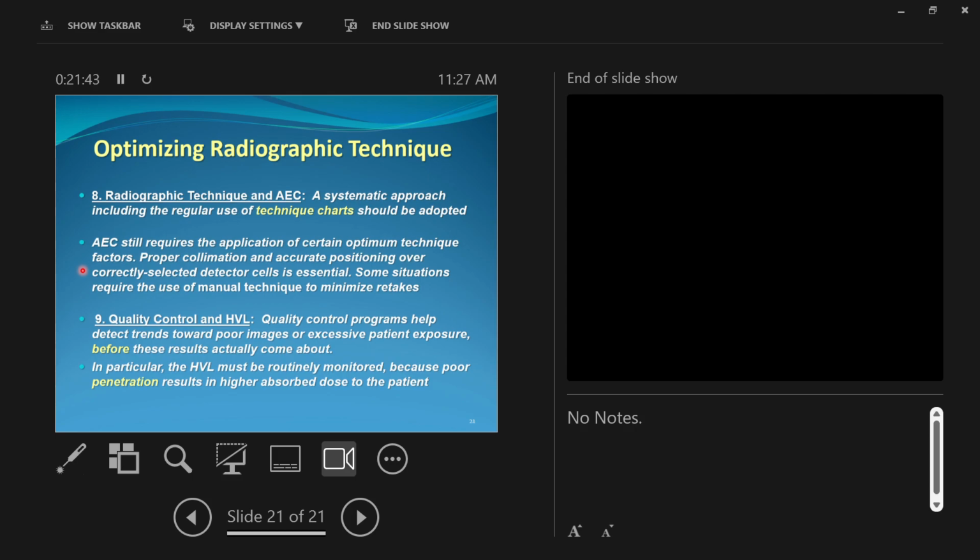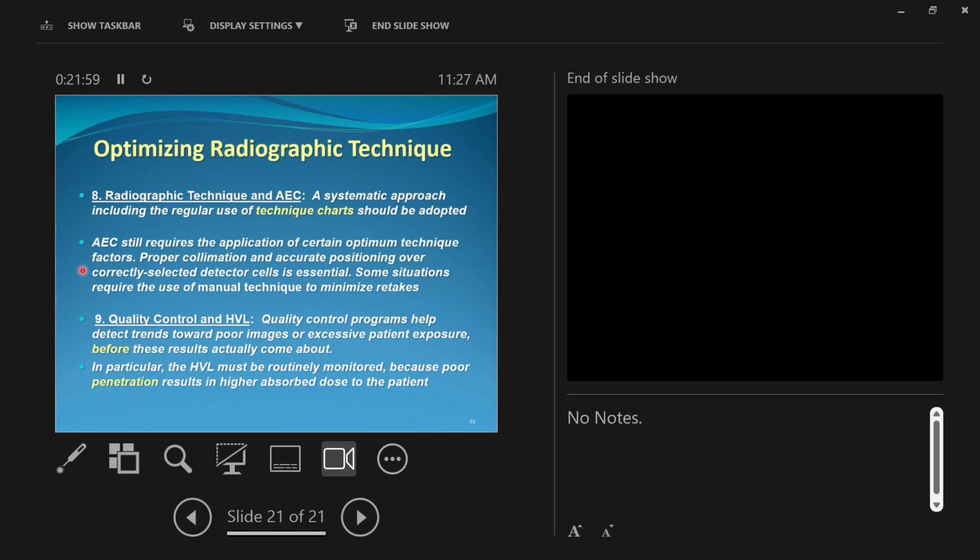If you misalign those two things, the computer will either shut off too quickly or too slowly, okay, and not give the right exposure. So there's much less wiggle room for error, I guess we would say.